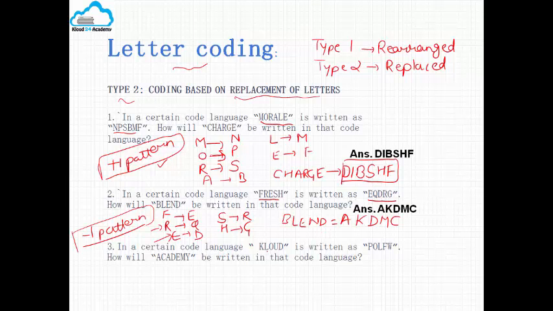Next question. In a certain code language, KLOUD is written as POLFW. How will ACADEMY be written in that code language? Try to identify the pattern here.